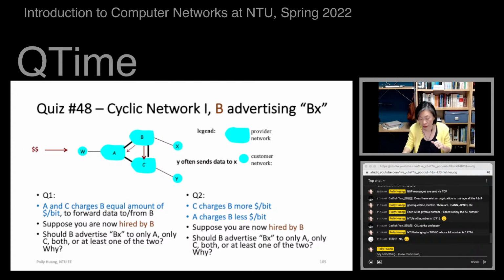Okay, so Q1 of quiz 48 is asking, let's suppose A and C charge B equal amount of money to forward data for B. Okay, and suppose you are now hired by B. Should B advertise BX to A only, to C only, to both of them, or to at least one of them?